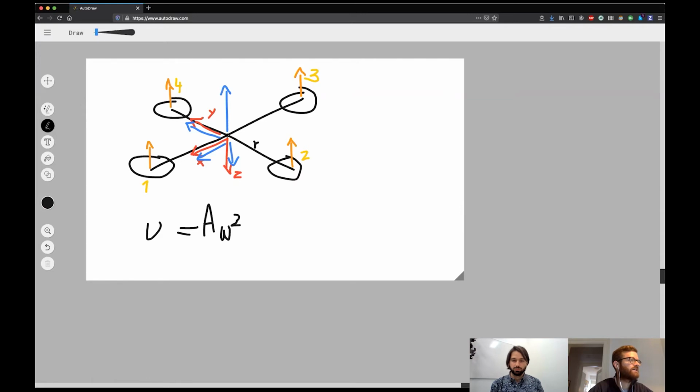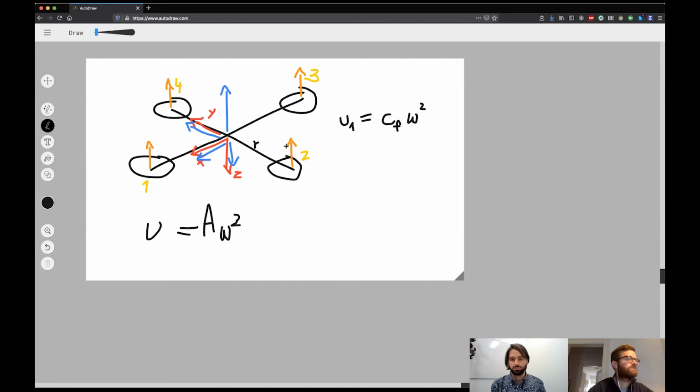Then how can we find u1 as a function of all the rotor speeds? u1 is the vertical acceleration. We see that the vertical acceleration is not even a function of the distance, but only the sum of all the rotor speeds squared. So basically, this is just CF, the thrust coefficient, times omega squared.